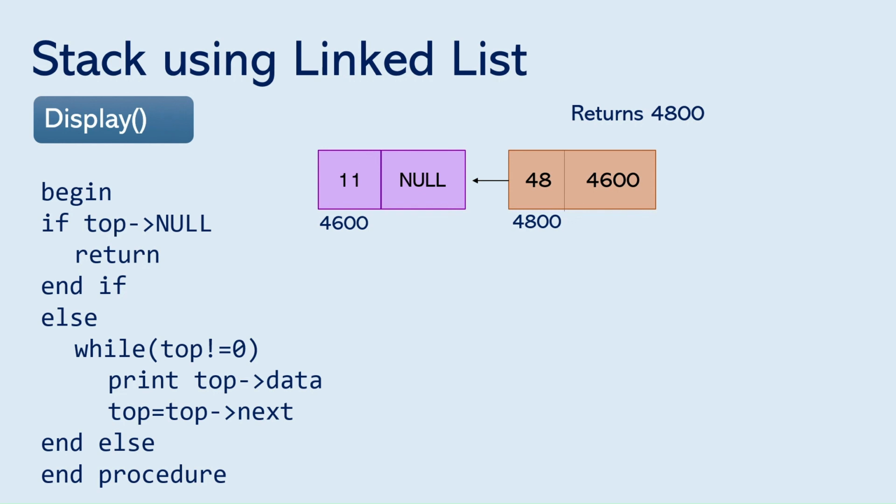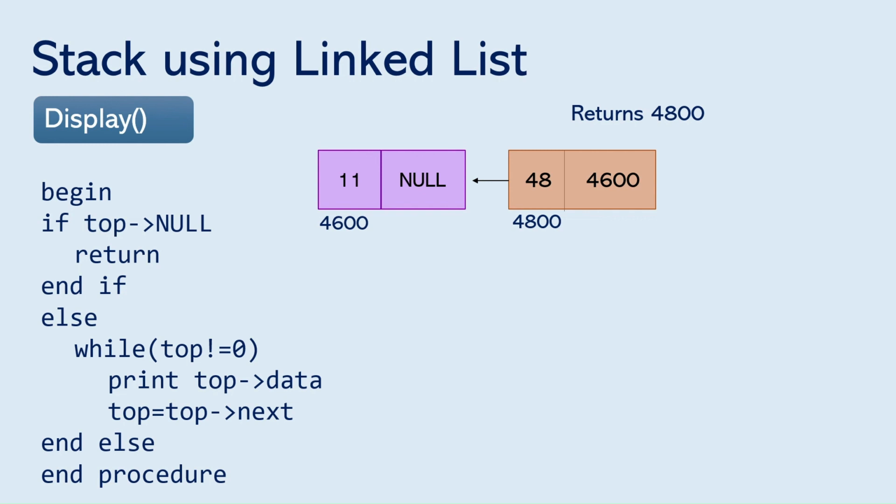So in top of next we have the address of the first node, which is 4600. Now the top will be given the value of 4600, and the top pointer will be pointing to the previous node, which is the first node, and then the loop will run again, and it will print the data of top.